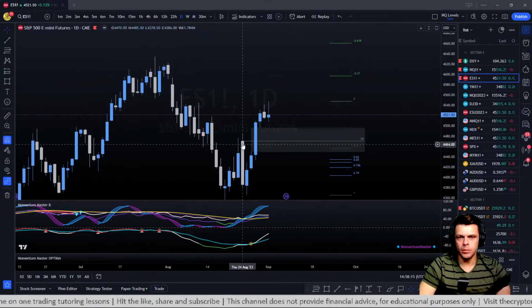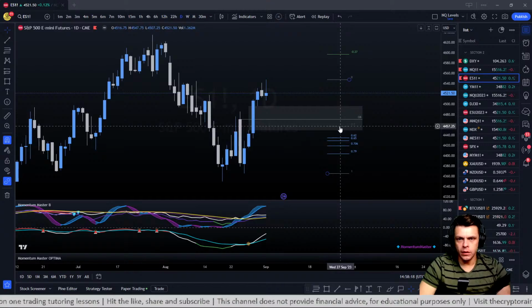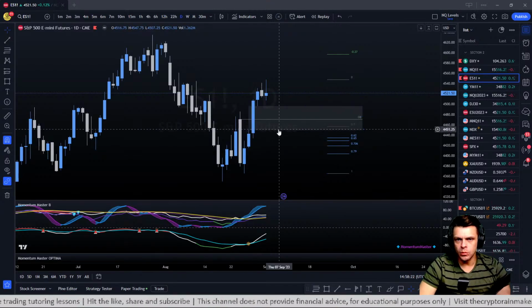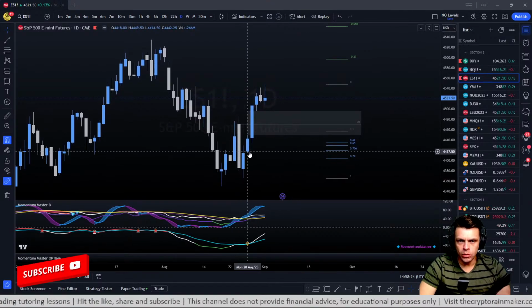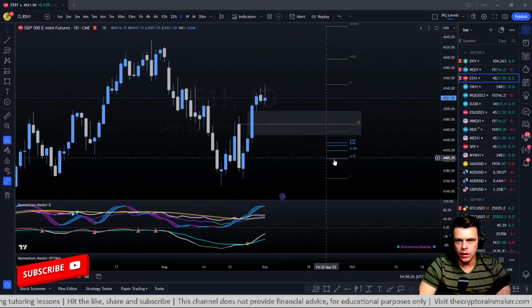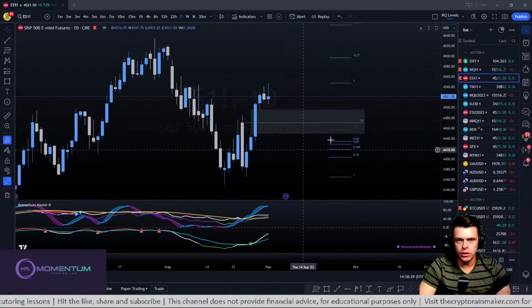Okay, fair value gap, order block. We have the equilibrium right here at the bottom of the fair value gap. We also have a little bit of a volume imbalance right there at the OTE, the 706.